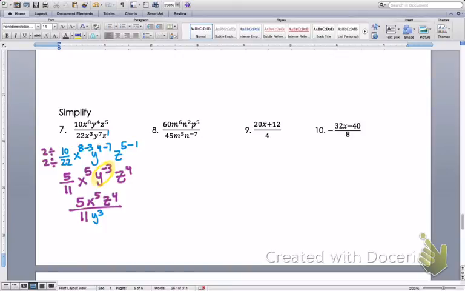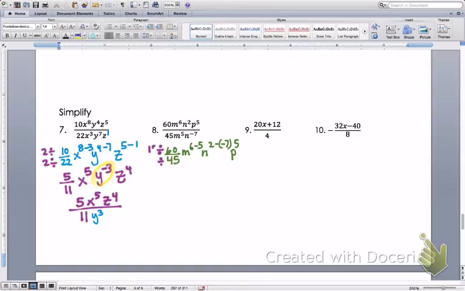All right, let's do the same thing on number 8. We're going to rewrite it, 60 divided by 45. Then we have m, 6 take away 5, n, 2 take away a negative 7. Be very careful with these. And then we have a p to the 5, and there's nothing to subtract it with, so it just stays p to the 5. Let's reduce this fraction. You can divide by 5, but actually there's a bigger number.